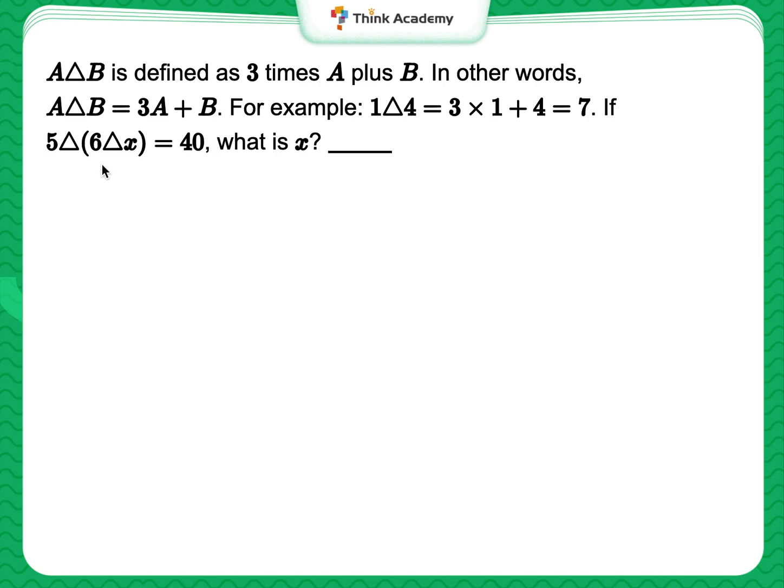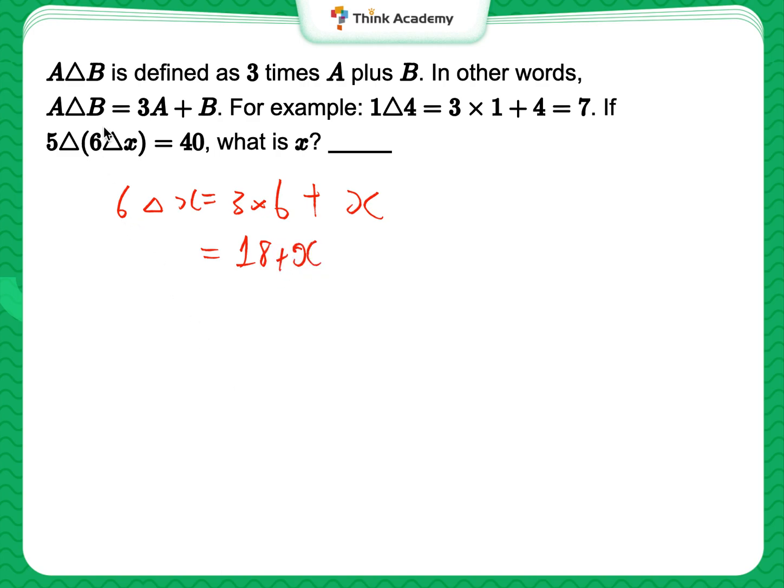So we need to express this equation in some normal calculation first before we solve it. So first of all, let's try to express 6 delta x, or 6 triangle x. And that's equal to 3 times 6 adding x, which is 18 adding x.